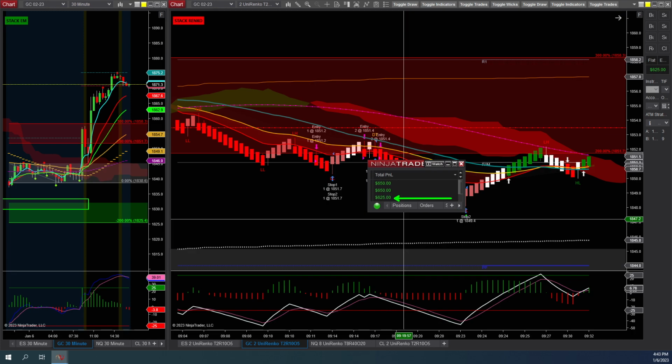So $625, and then the replicated accounts using the Apex Trader copier were 650.